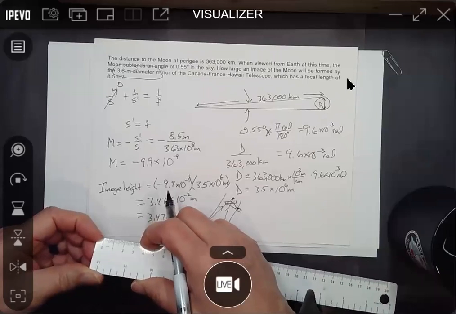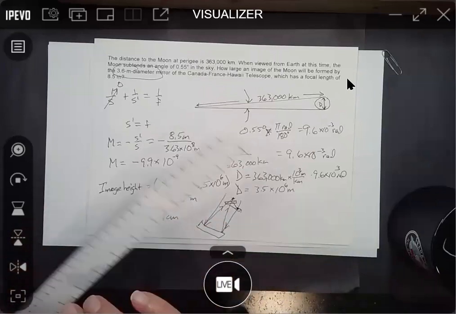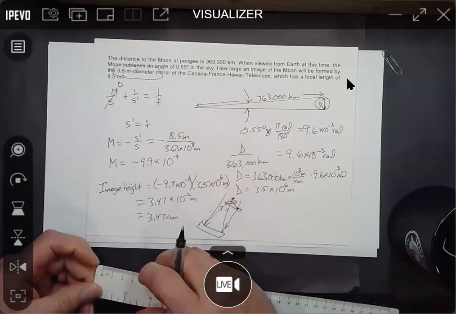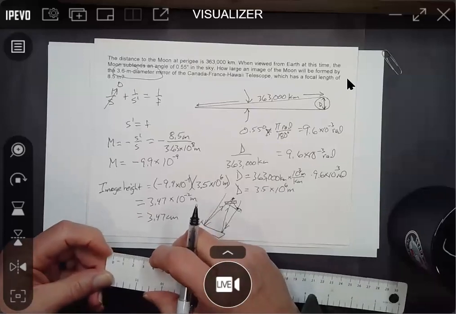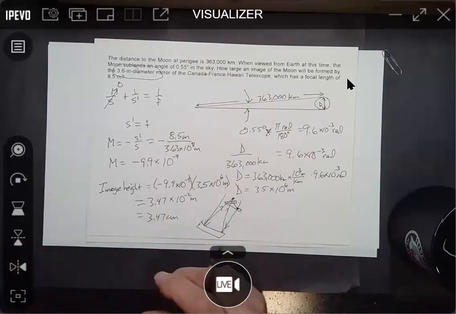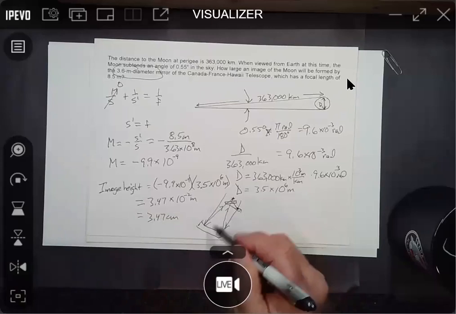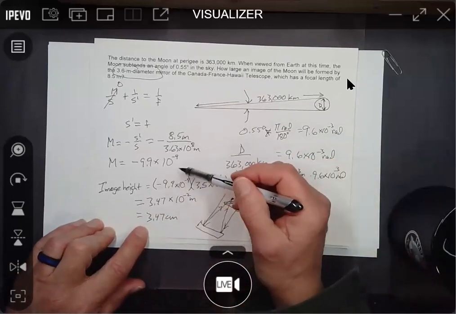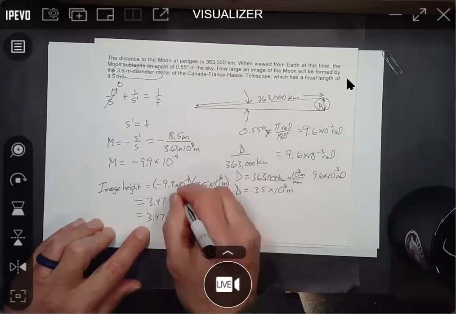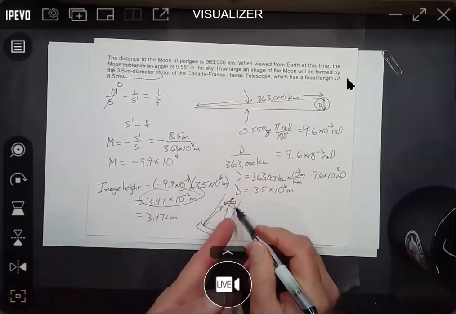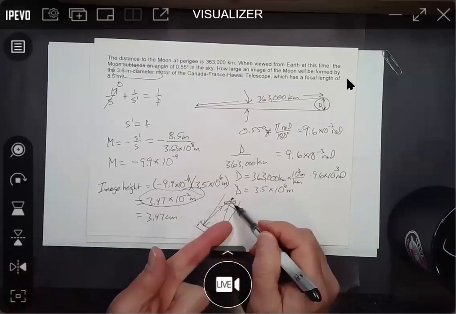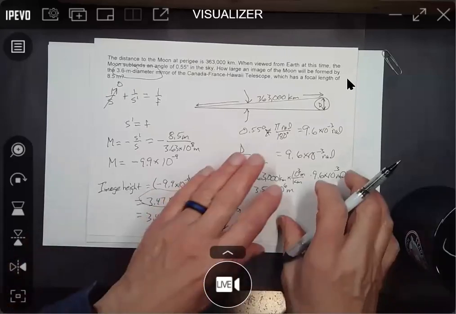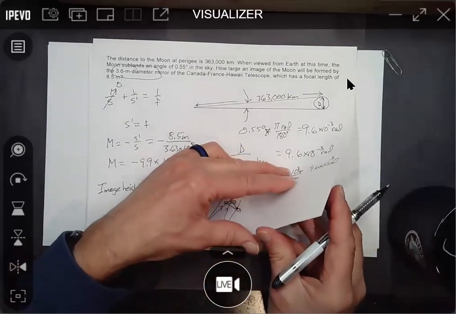It'd be like looking at a moon that's floating right there in front of your magnifier. So that's how this thing works. It seems crazy with that tiny a magnification, but you end up with an image that's inside your telescope, and you can magnify it to your heart's content.